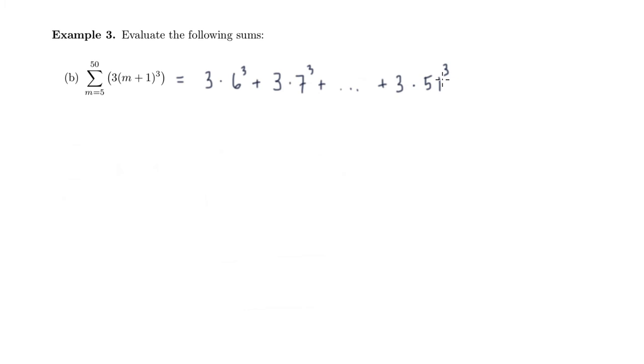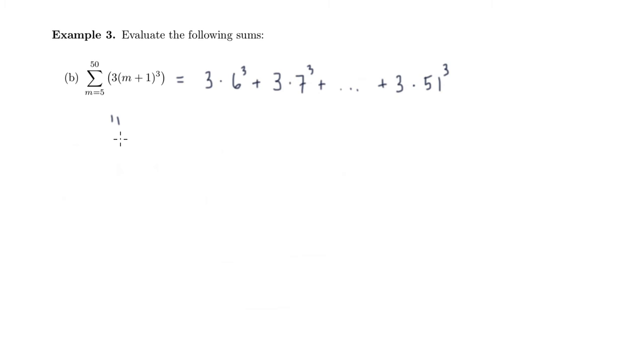Okay, so again, don't plug that in your calculator. It's not going to take literally forever, but it's going to take a while. What we really want to do is use our sum formulas.